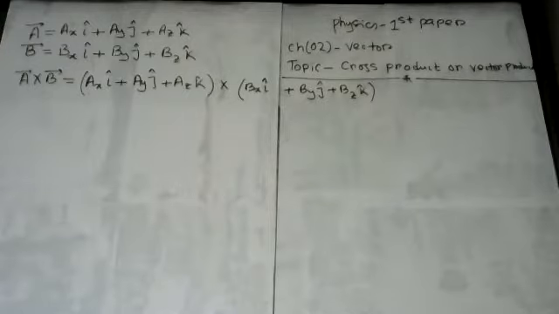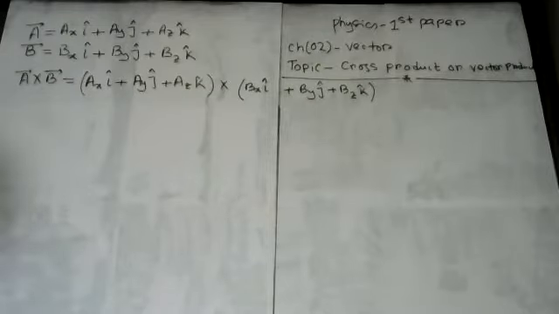Here there are two parts of this product: one is the scalar part, another is the vector part. When you multiply two vector quantities, the scalar multiplies with the scalar, and the vector multiplies with the vector.